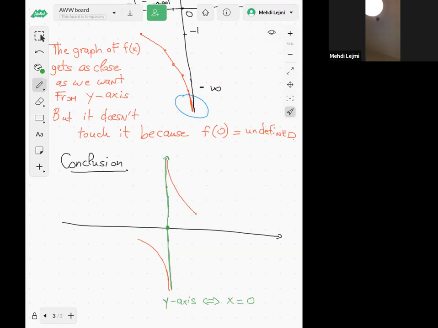So such a vertical line is called a vertical asymptote.